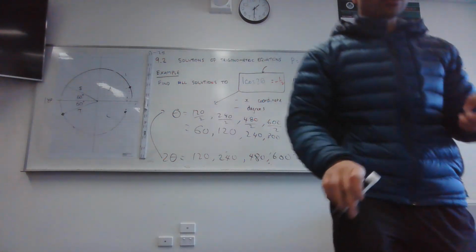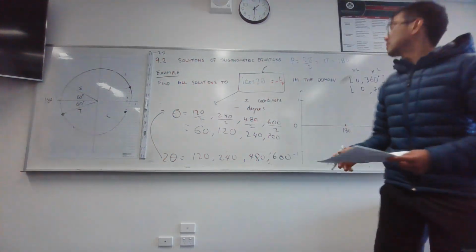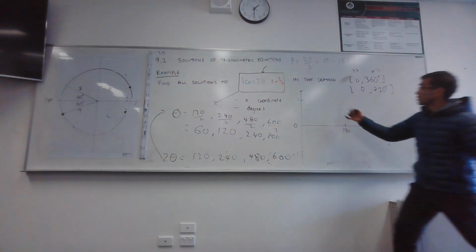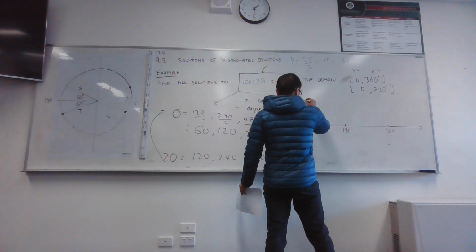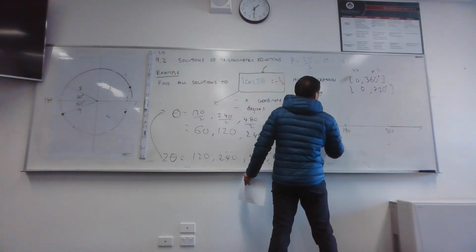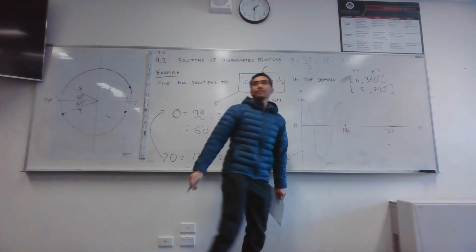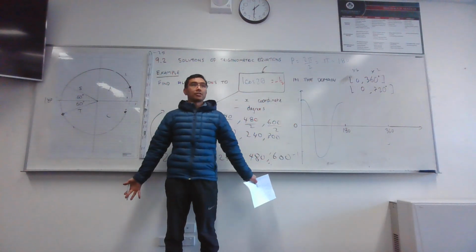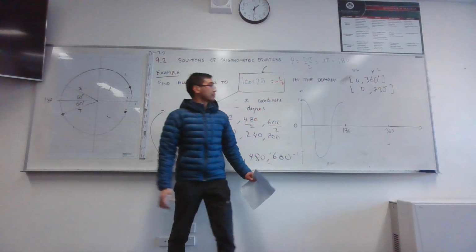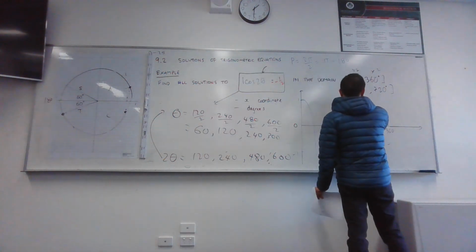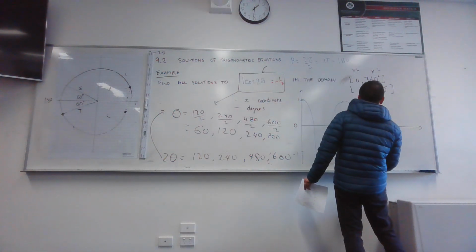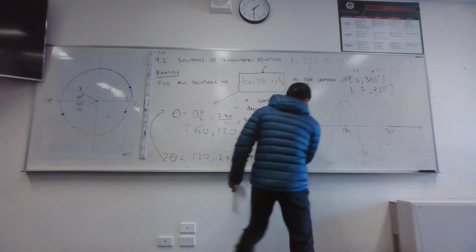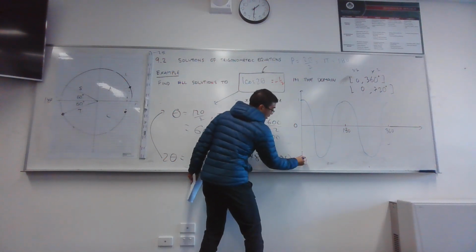But one cycle only lasts until when? 180. So I'm going to fit my cosine in like that. Have I finished? No. I need to go again. I know it's not very accurate. I'm just going to cheat and move my negative 1 down here.